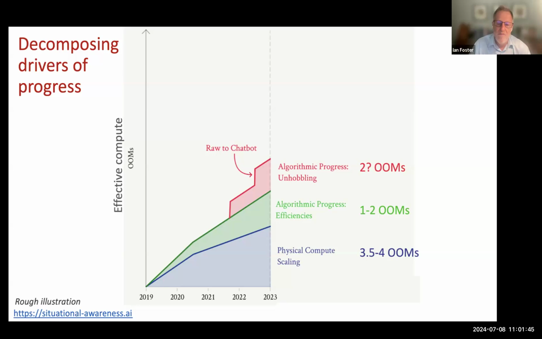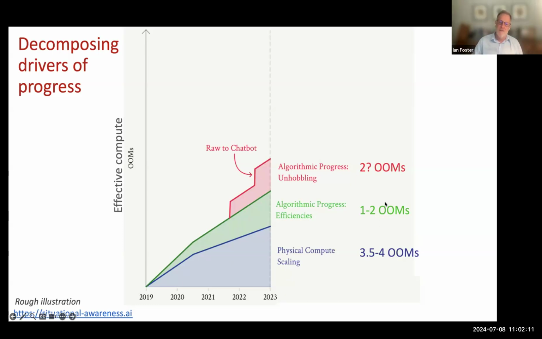So both through better computing and bigger computing, the amount of computing applied to training models has increased by, he estimates, 3.5 to 4 orders of magnitude. So that's up to 10 to the fourth, 10,000 times relative to what it was just in 2019. So in 4 years, increased by 4 orders of magnitude.